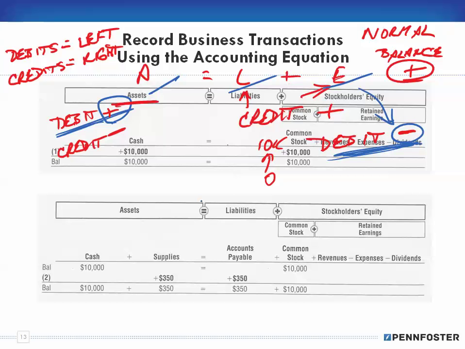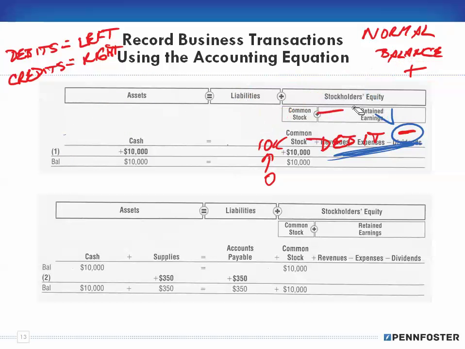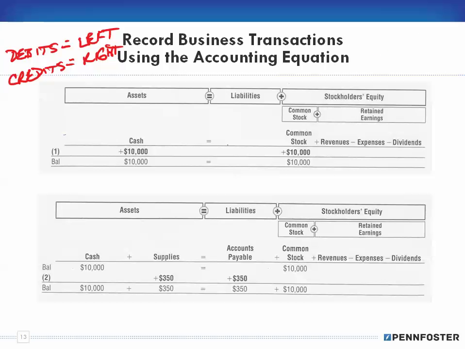Now, what does that do for us? And this will be the last point I make in this video. What does that do for us? Well, as I said, debits must equal our credits. And for the vast majority of numbers on our books, we always try to deal with positive numbers, plus numbers, as much as we possibly can.